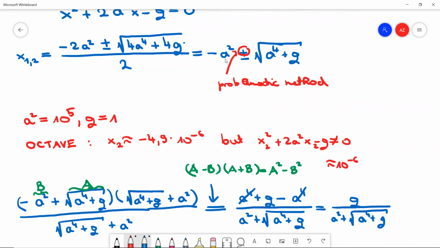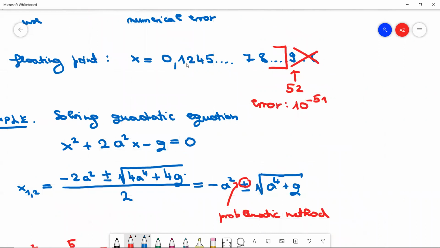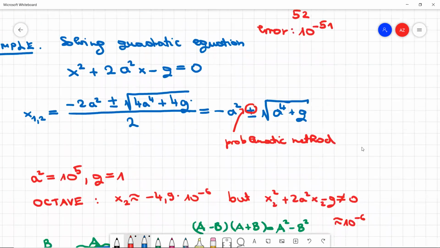So we were adding two almost the same numbers. The difference would be in the non-neglected part, but we neglected it because we cannot do it differently, since the computer has only that many places. So this was the problem.